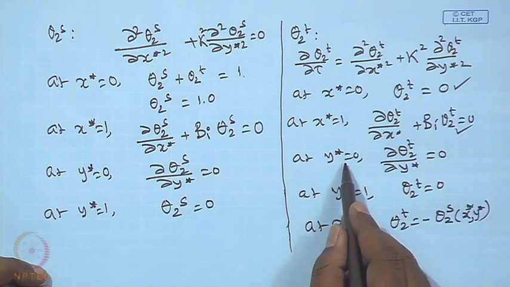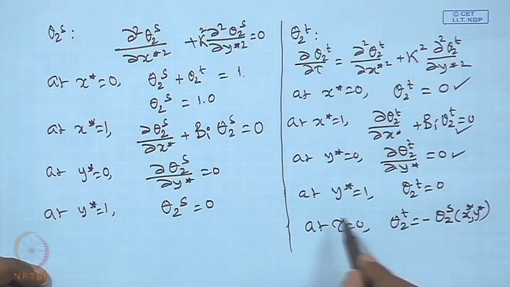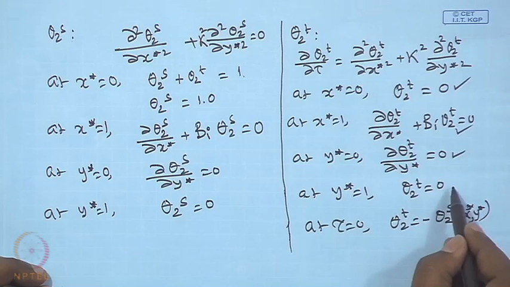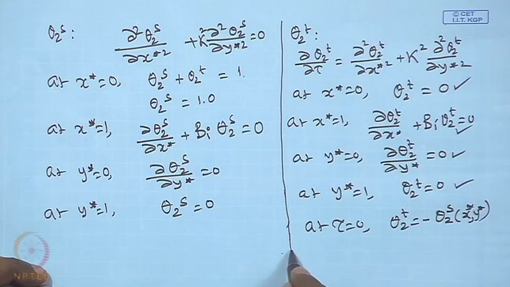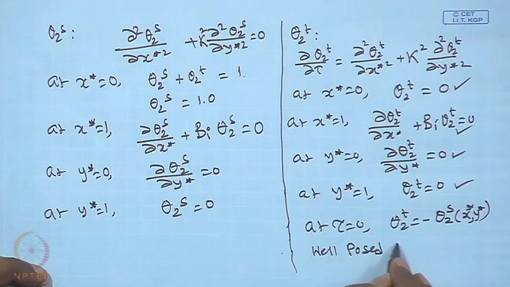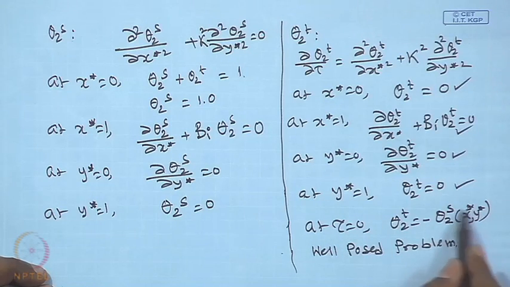The boundary condition at y star equal to 0, this is homogeneous. The boundary condition at y star equal to 1, this is homogeneous. So, this is a well posed problem. And we know the solution of this, provided the steady state solution is known, that becomes, negative of that becomes an initial condition.